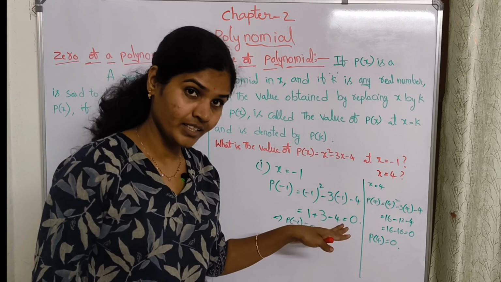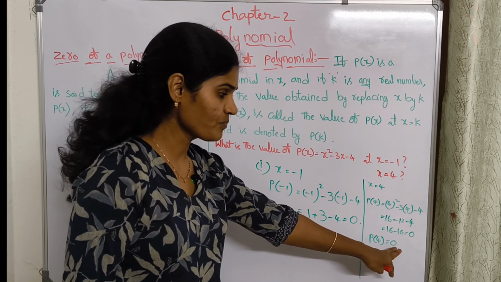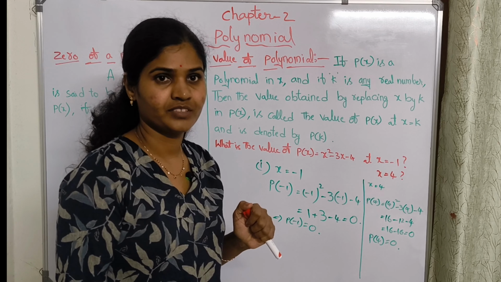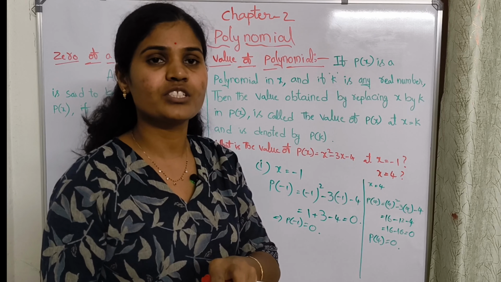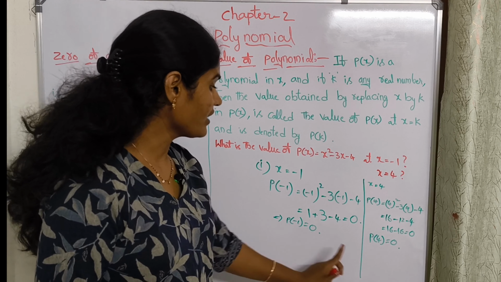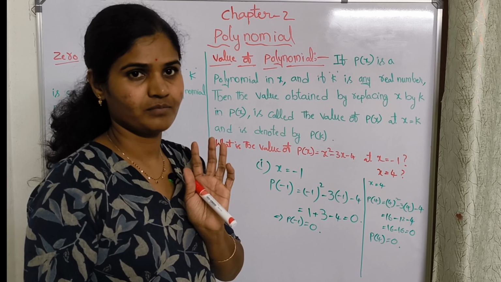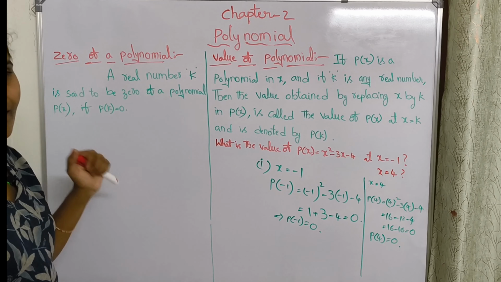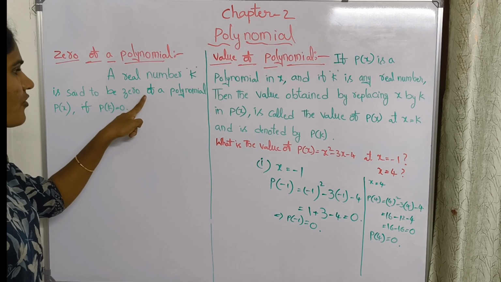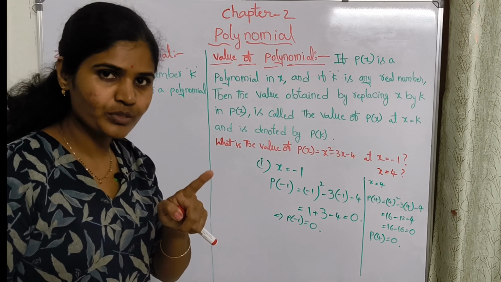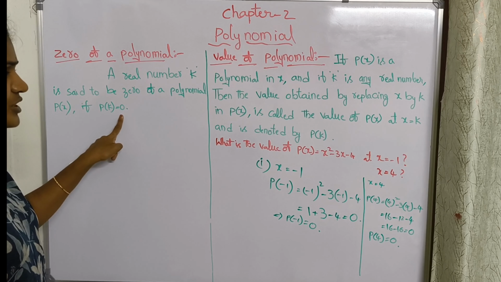Based on this, we have one concept. When you substitute the x values, if you get the p of x equal to 0, those x values are called zeros of the polynomials. See, zero of a polynomial. A real number k is said to be zero of a polynomial p of x if p of k equal to 0.